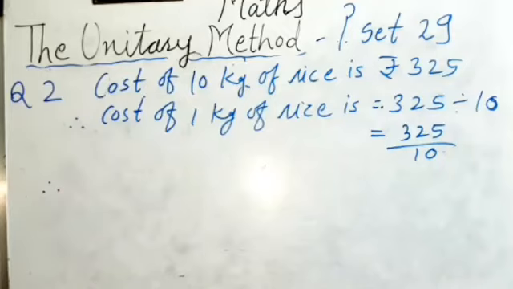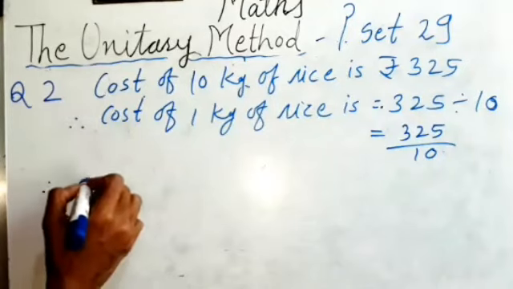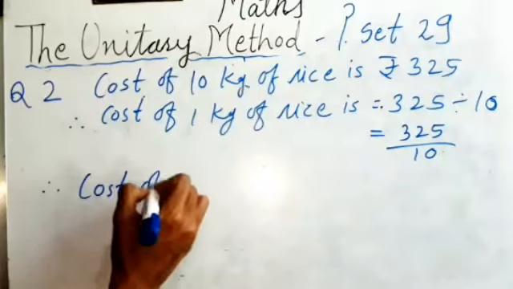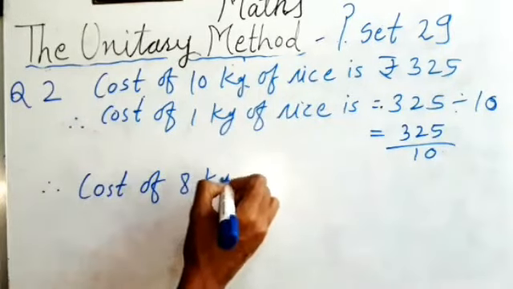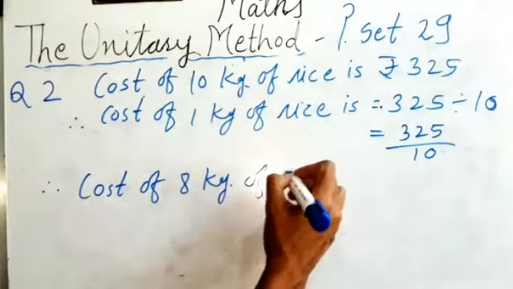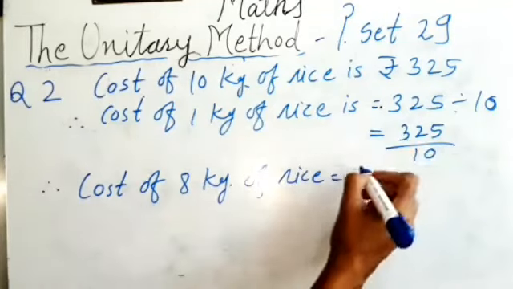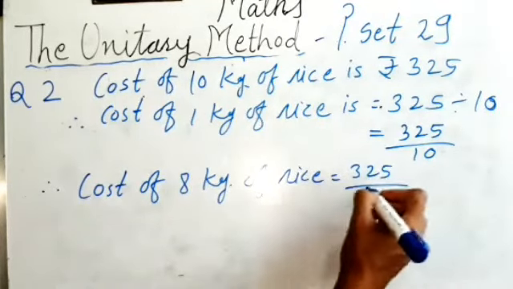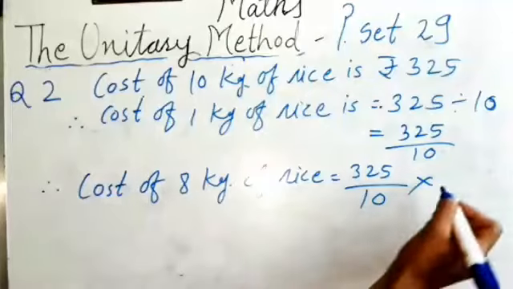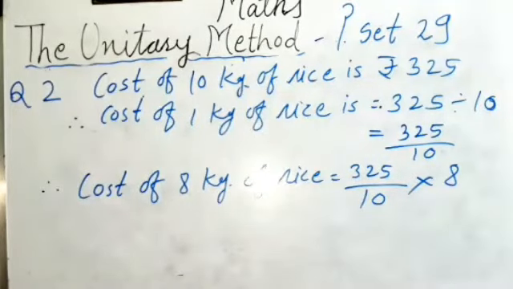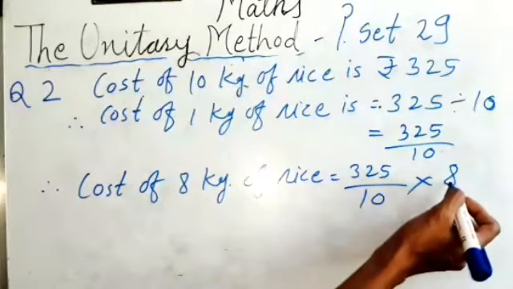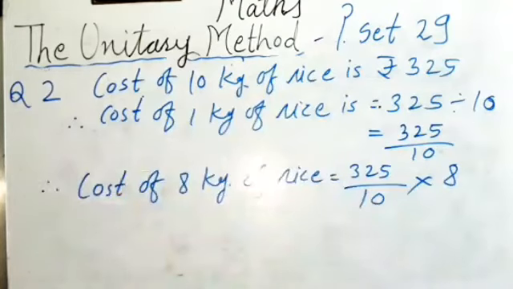They ask the cost of 8 kg of rice. So the cost of 8 kilograms of rice: what answer did we get? 325 upon 10, and then you have to multiply by this 8. Then you can divide, students, or simply do 325 multiplied by 8 and then divide by 10.